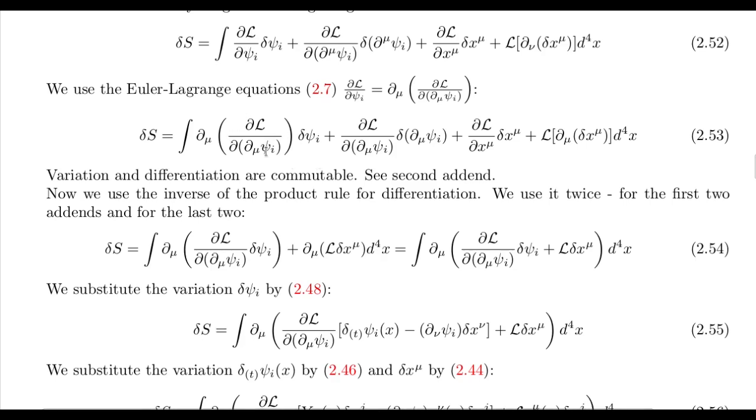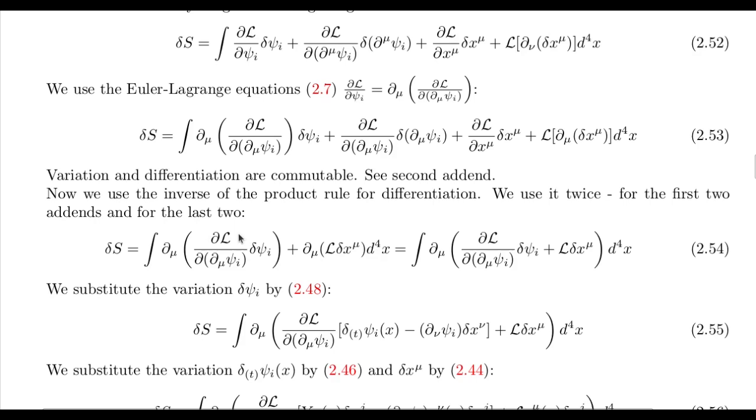If we look at the first and the second addend, we see in the first addend this differential quotient dL d derivatives of psi is there with a differential, and here we have a psi or a delta psi with a differential, and so we can write now for these two addends only this one here in 254.